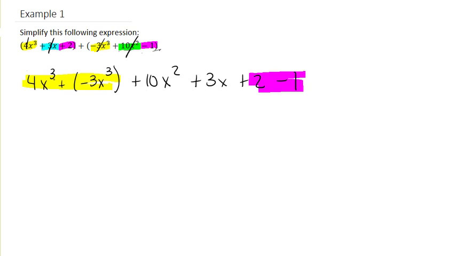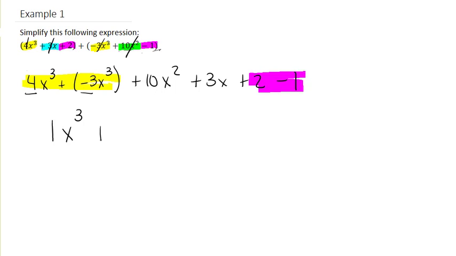So we have 4x to the third plus minus 3x to the third. So what we're really doing is looking at this 4 and this negative 3, and we're going 4 plus negative 3, or 4 minus 3, which is just equal to 1x to the third. So we leave the variable as is, and we only deal with the numbers in front of it when adding or subtracting.